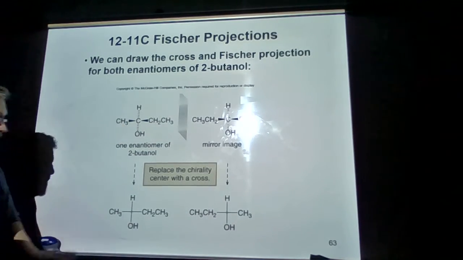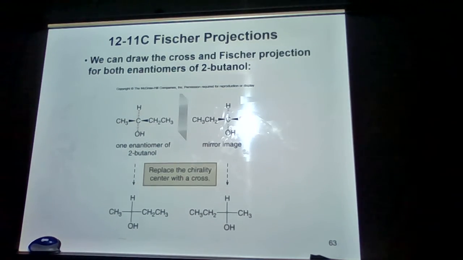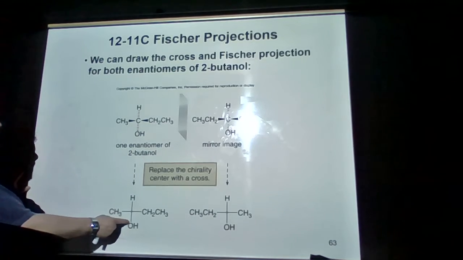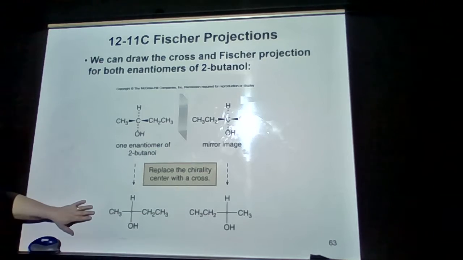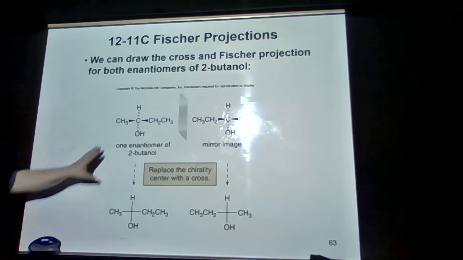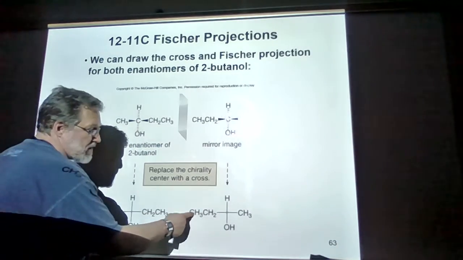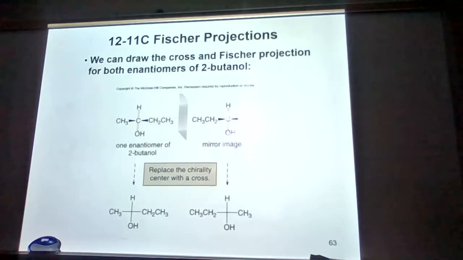If we replace these with the Fischer cross, we see the H and the OH are up and down. But now we see the CH3 is to the left, CH2CH3 is to the right in this isomer. In the other isomer, the CH3CH2 is to the left, and the CH3 is to the right.